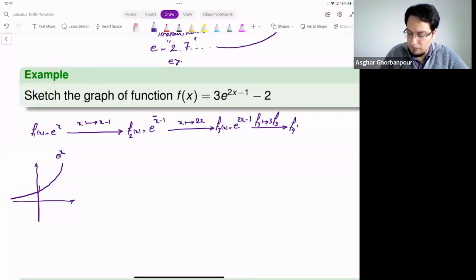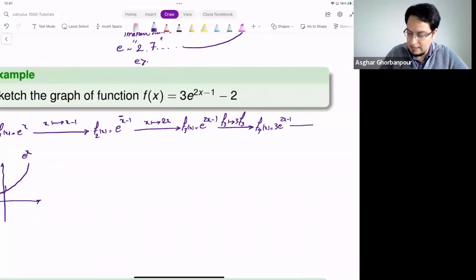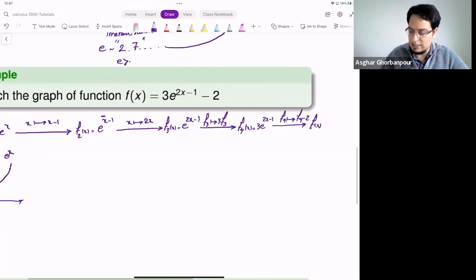And that will give me the fourth function, which is 3e to the power 2x minus 1. And the last step is that I just need to send the whole function to the function minus 2. That will give us the function that we are interested in graphing.